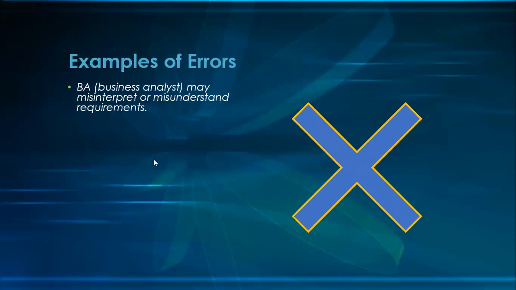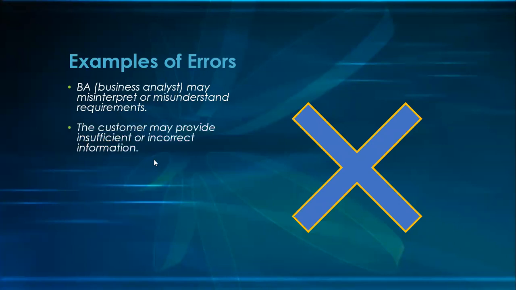It could be from the business analyst, as I said. Maybe the business analyst misinterpreted or misunderstood the requirement. Again, it could be the customer. Maybe there might be insufficient information, or they are not sure of a particular thing. They don't know how it's going to work.